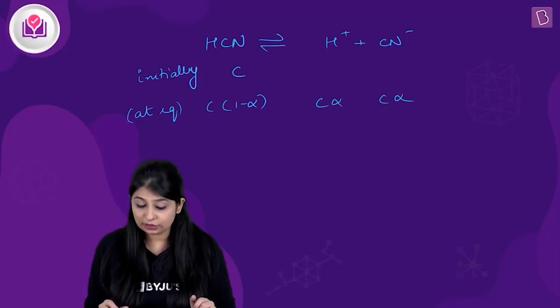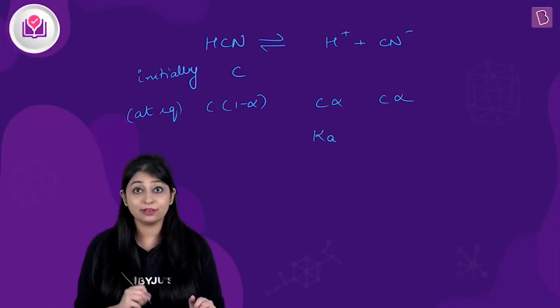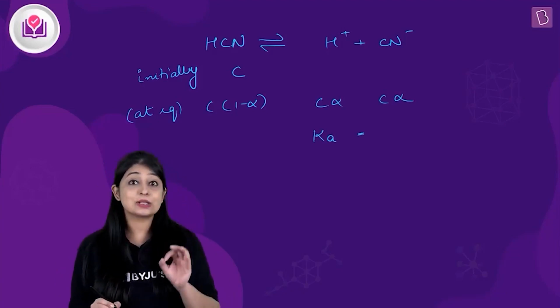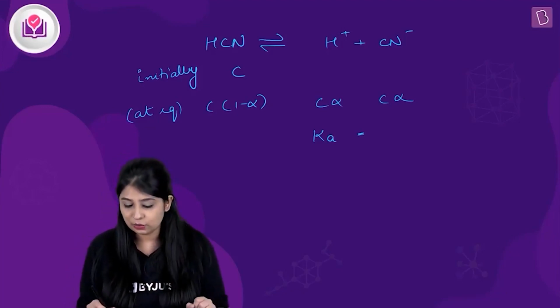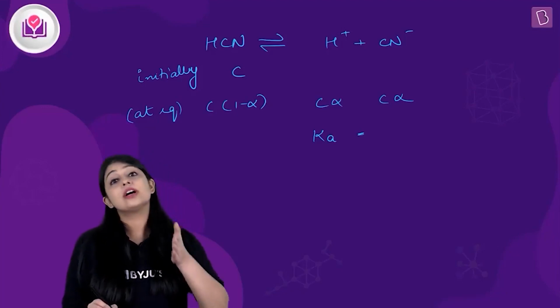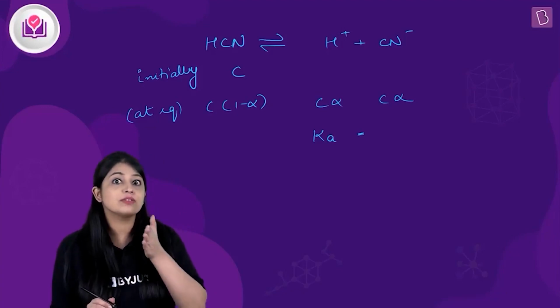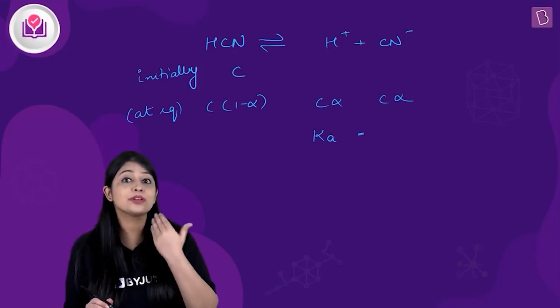We know that the value of Ka, the dissociation constant, is equal to the product of the concentrations of the products raised to the power of their stoichiometric coefficients.